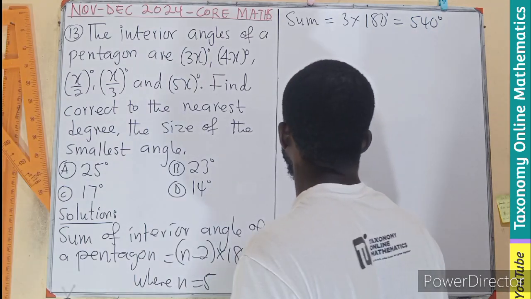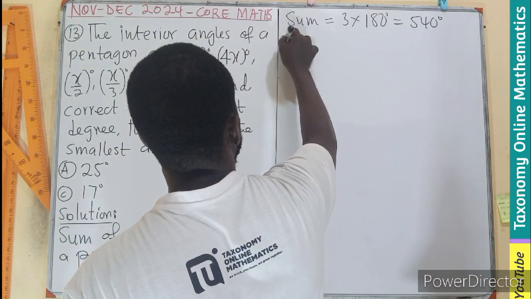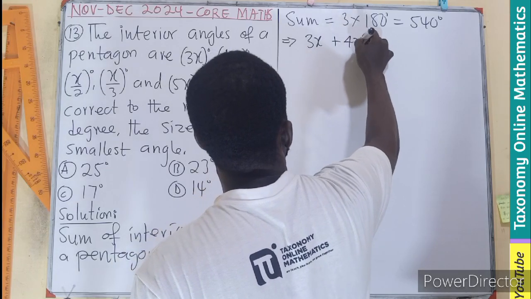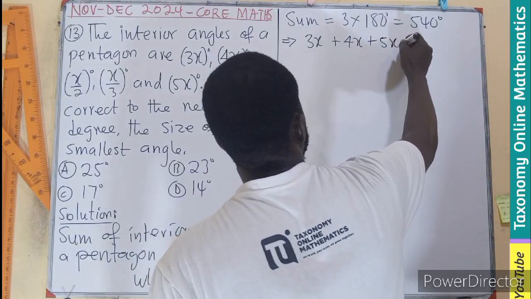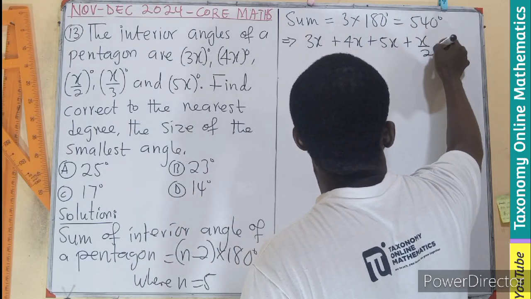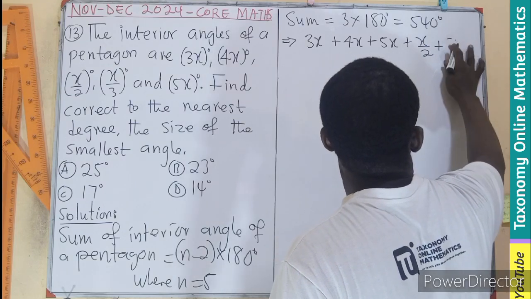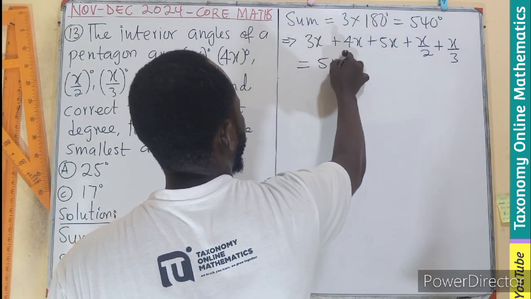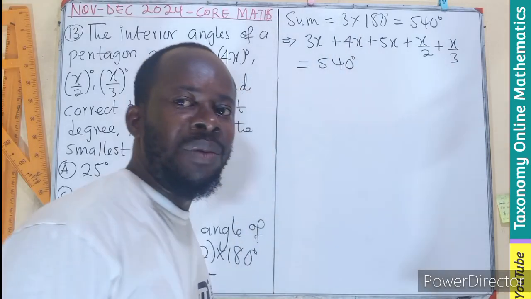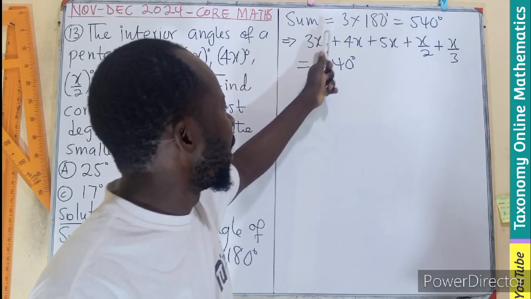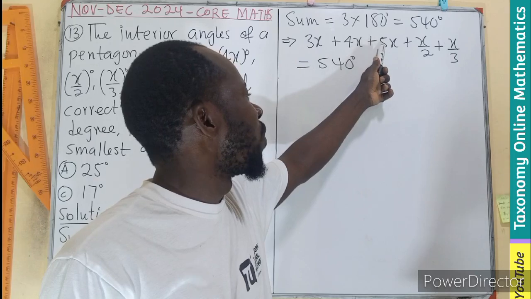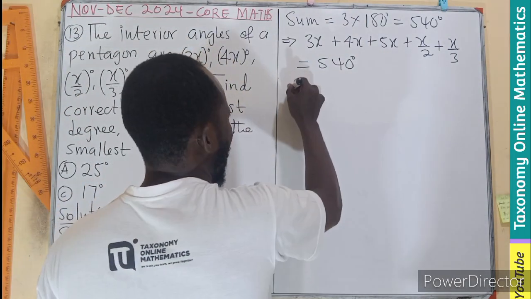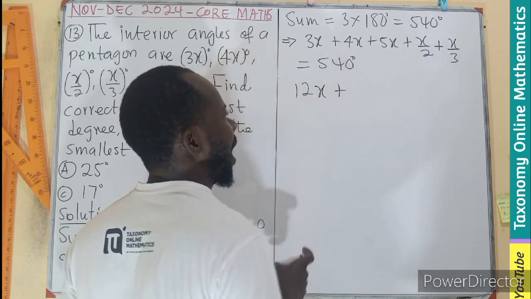So let's add them and see if it will be equal to that. That implies that 3x, 4x, 5x, x on 2, and x on 3 should equal 540. That is the meaning of that. So 3 plus 4 plus 5 gives us 12, so we have 12x plus.